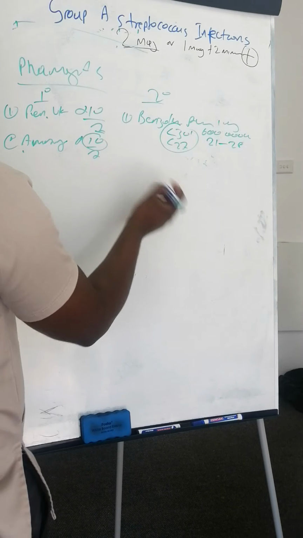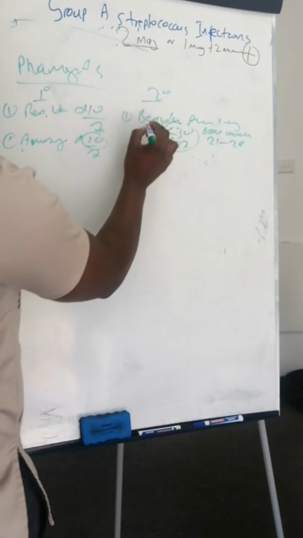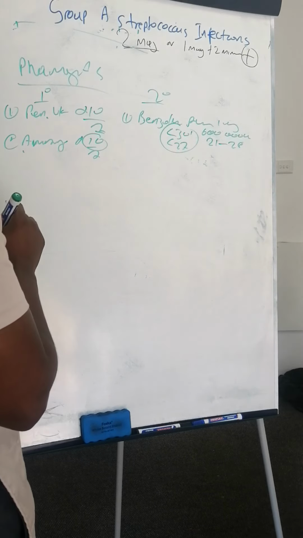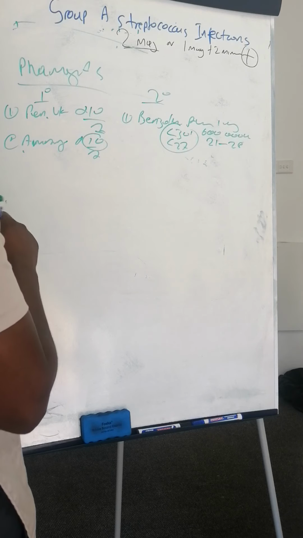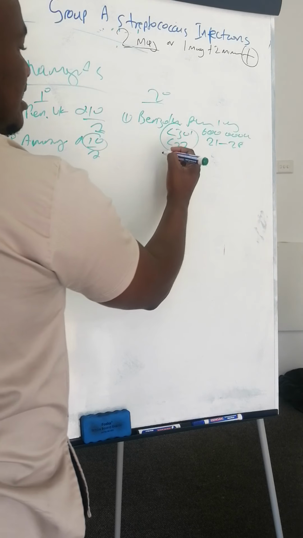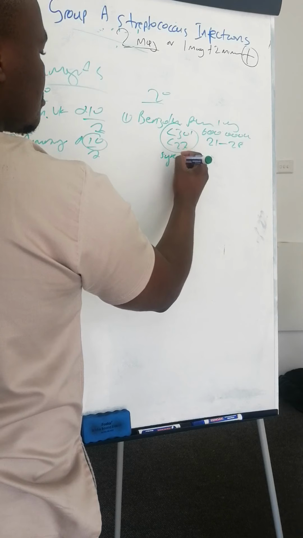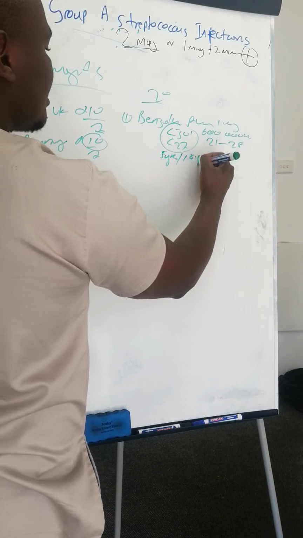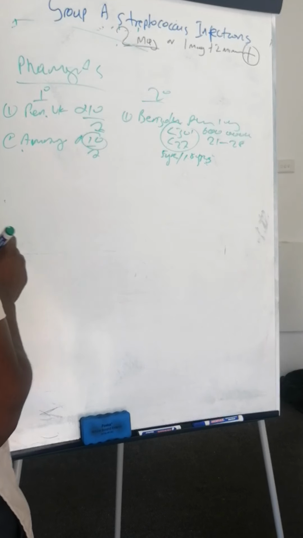This is like a monthly injection, and the duration depends on if they didn't have carditis when they're diagnosed with acute rheumatic fever. It can be up to 5 years, or 18 years, whichever is longer.